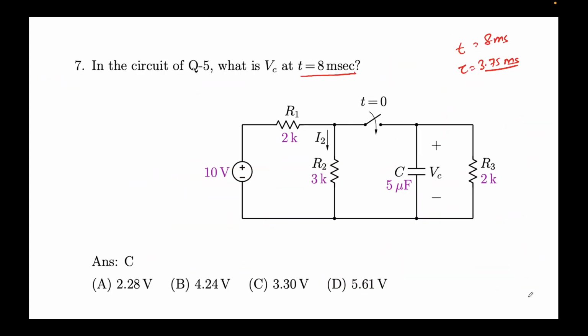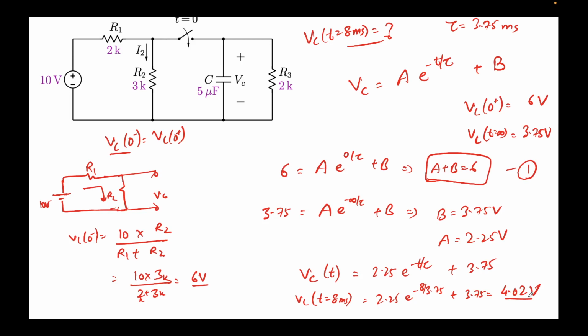Did I make any errors? Just give me a moment. So Vc at t equal to infinity was 3.75. Vc at 0 minus would be 10 times 3 divided by 5, so that is correct. This should be 6 volts.